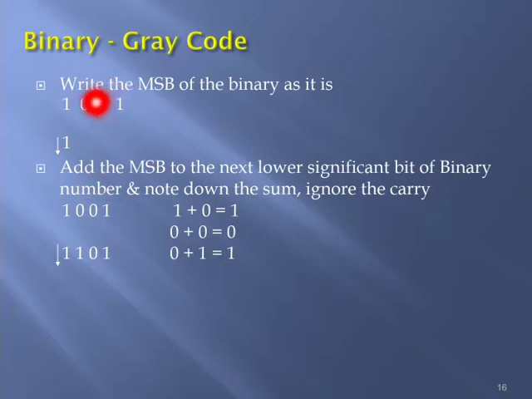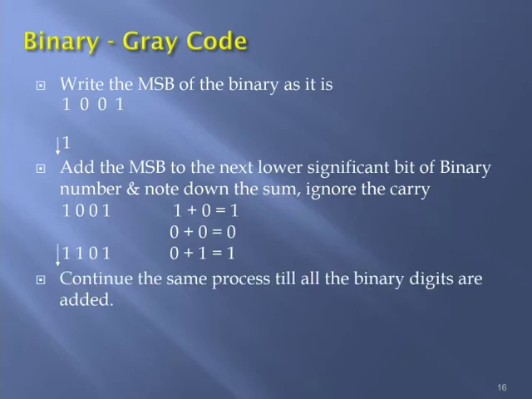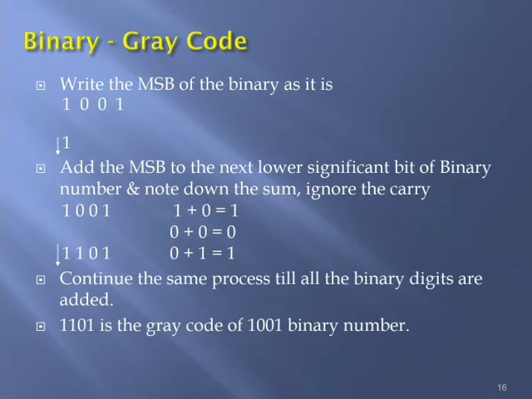And for 0 plus 1, the sum will be 1, which you add here. So this is the procedure of converting a given binary number into gray code. Continue the same process until all the binary digits are added. So 1101 is the gray code of the binary number 1001.